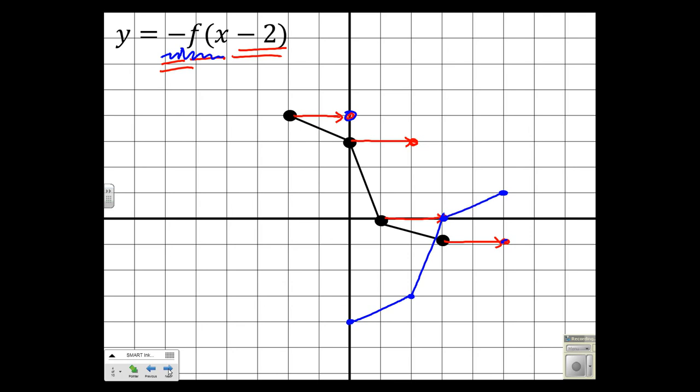So there is our, follow this point, to the right 2, upside down, to the right 2, upside down, to the right 2, upside down, and to the right 2, upside down. There is our new function.